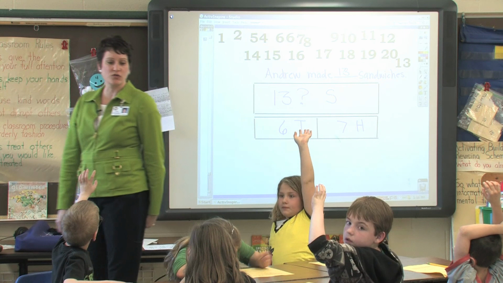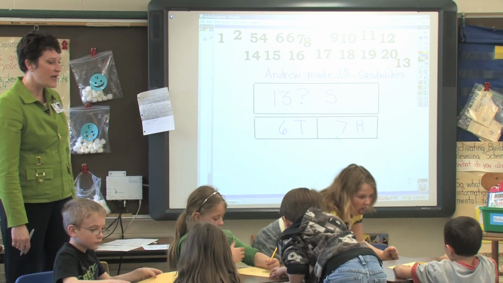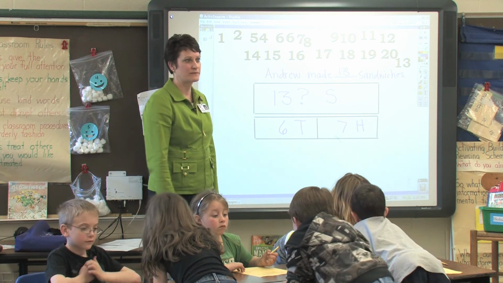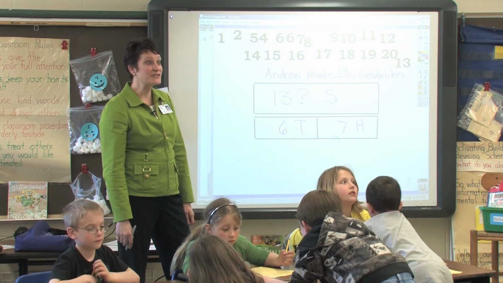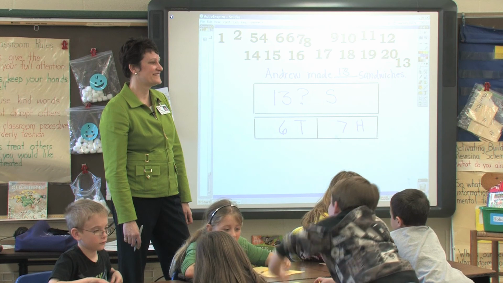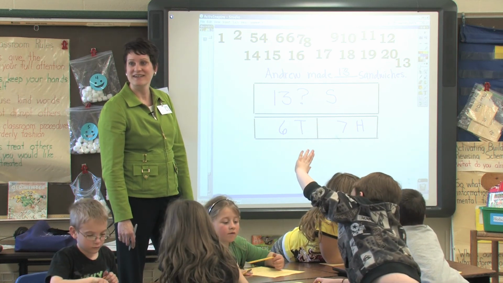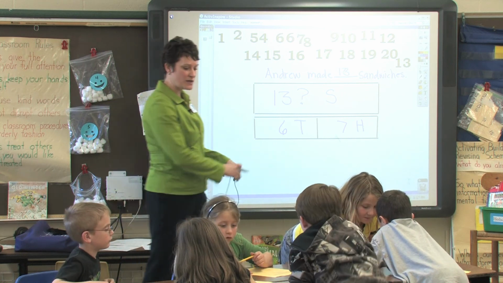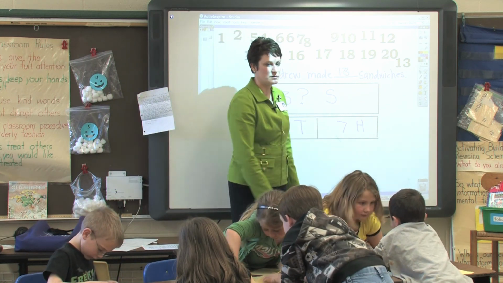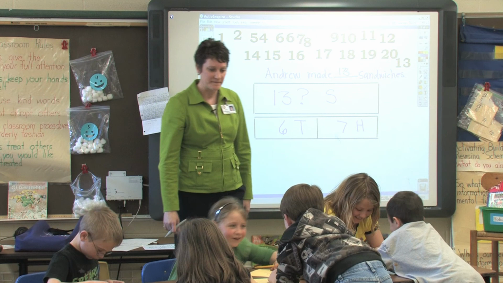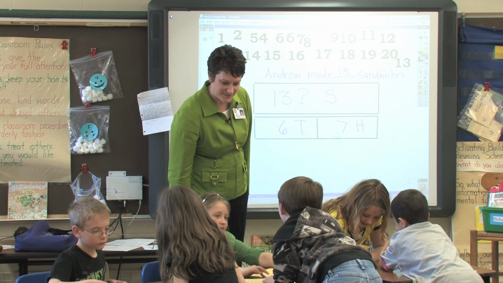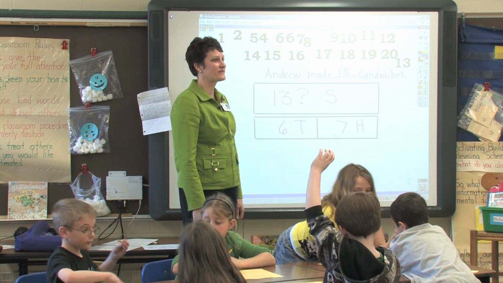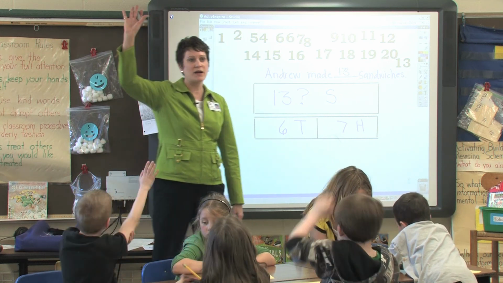Check it with the person across from you and see if your neighbor has something similar. You match already? Okay. If you and your partner don't match, talk about why you don't match. Ready? Eyes back up here.